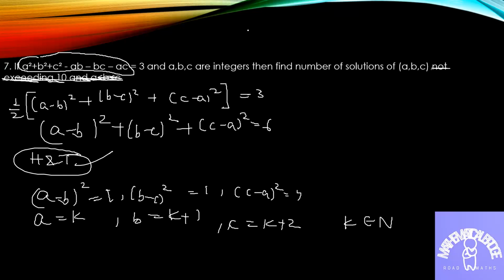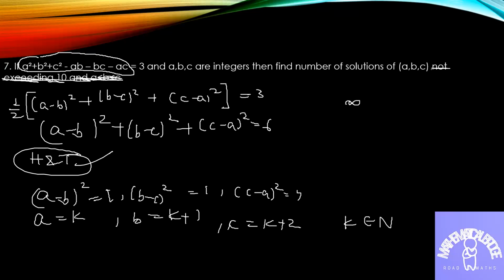See, I am showing you one. a minus b, that is k minus (k plus 1), so this is minus 1, whose square is 1. b minus c, (k plus 1) minus (k plus 2), that is also minus 1, whose square is also 1. And c minus a, that is (k plus 2) minus k, that is 2 squared, which is 4. So any number of the form k, k plus 1, k plus 2 as a, b, c will hold. So it actually has infinite solutions.